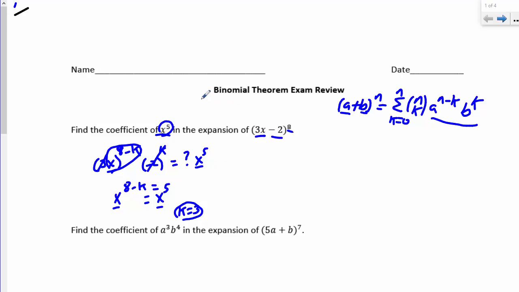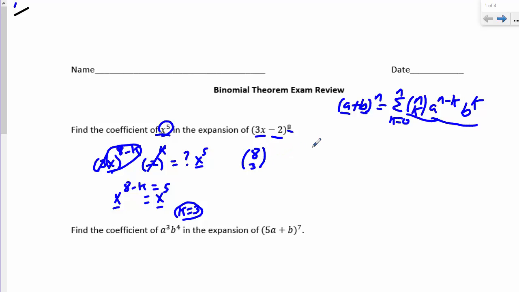Fine. So now I have my n value and my k value: n is 8, k is 3. Now we're going to use this whole segment of the formula and figure out what our actual term is with x to the power of 5. So we're going to write n choose k, where n is 8 and k is 3.